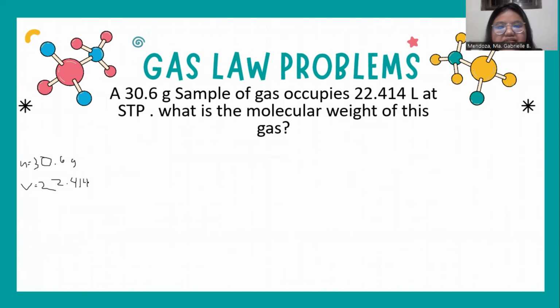So, STP means standard temperature and pressure. So, that would be P is equal to 1 atm. And T is equivalent to 273.15 Kelvin.